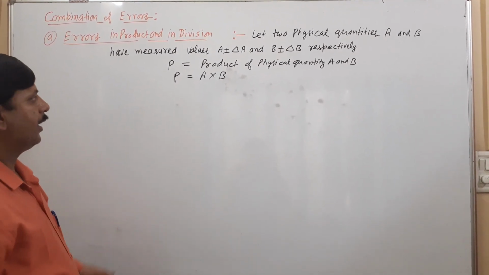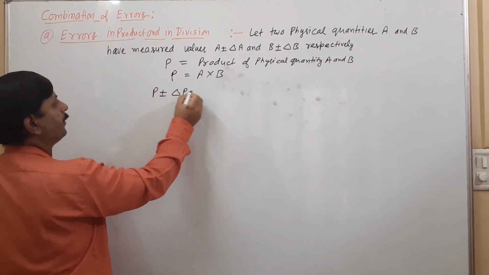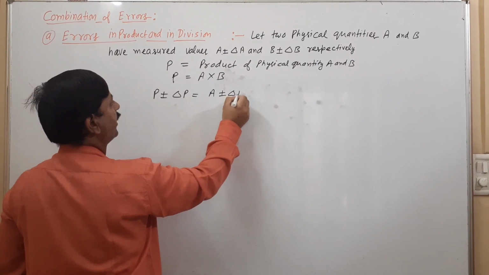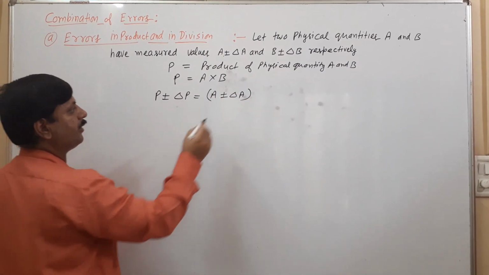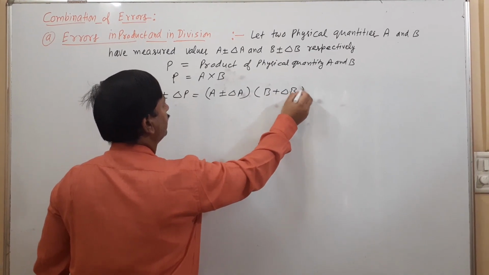If we write in error form, P plus minus del P, with A written in error form A plus minus del A and B plus minus del B.